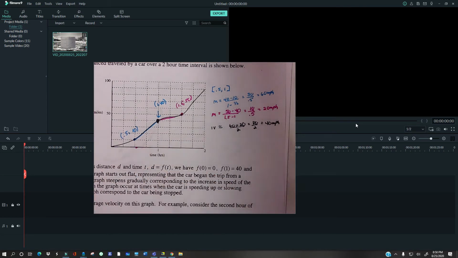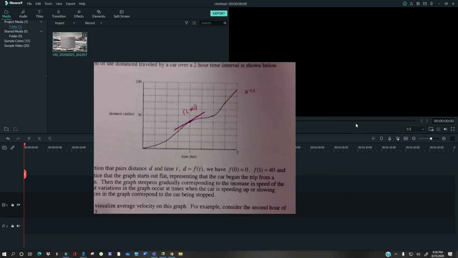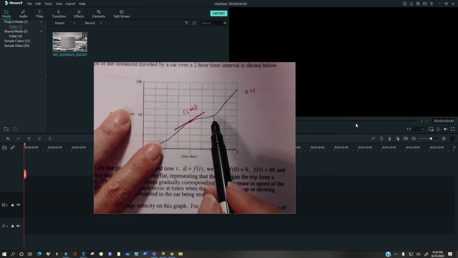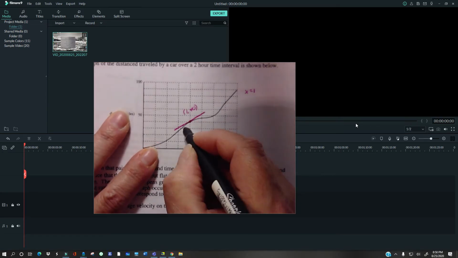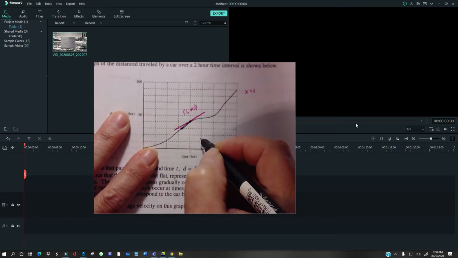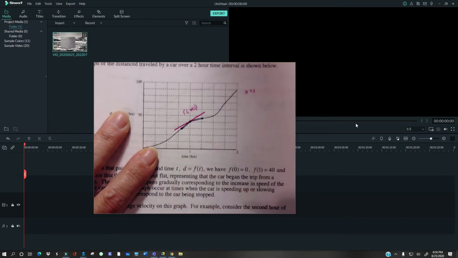Now, could I get a better approximation? Sure, I could. Oh, here, I'll use this graph. Maybe, rather than choosing points so far away on the left and the right, I choose these 2 points and find the slope of this secant line, and then these 2 points and find the slope of that secant line.